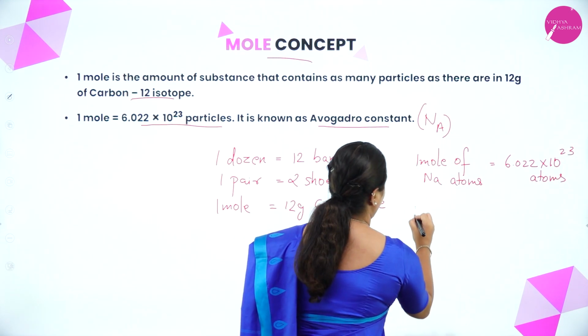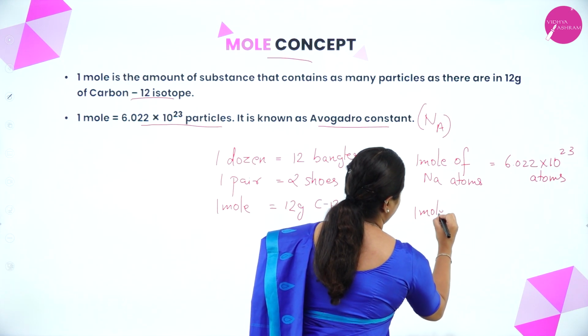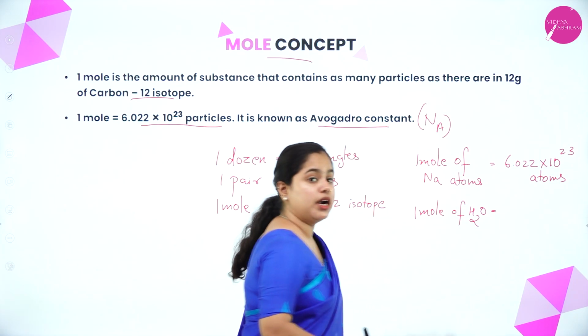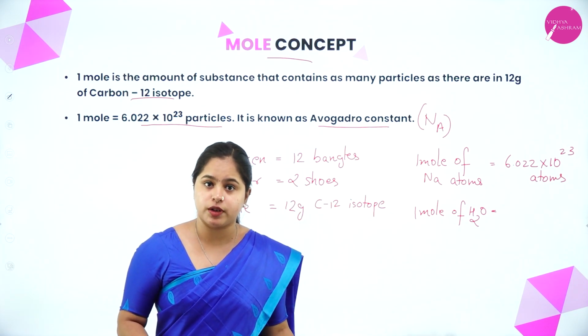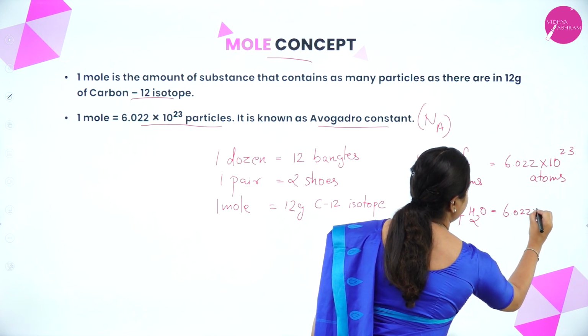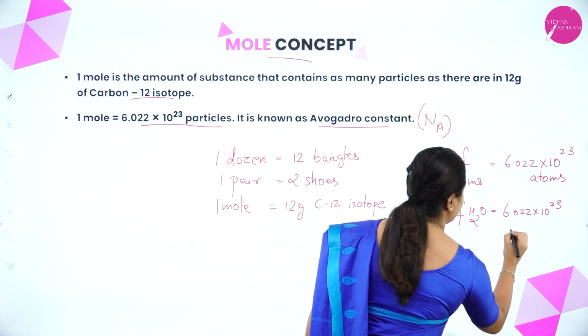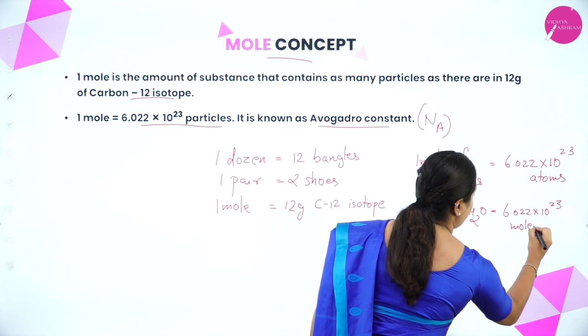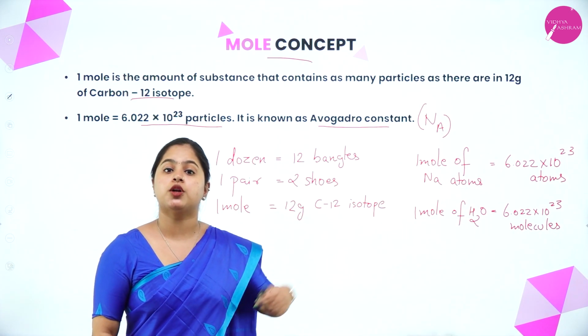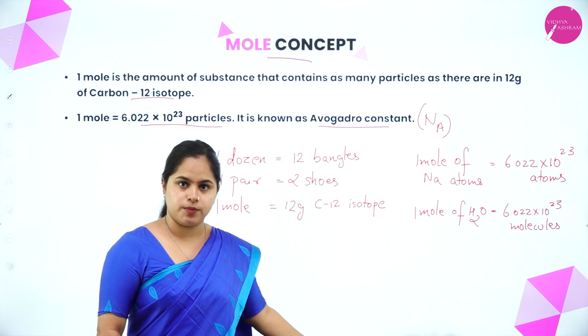In 1 mole of water, how many molecules will be there? It will again be 6.022 into 10 to the power 23 molecules, because water is a molecule.